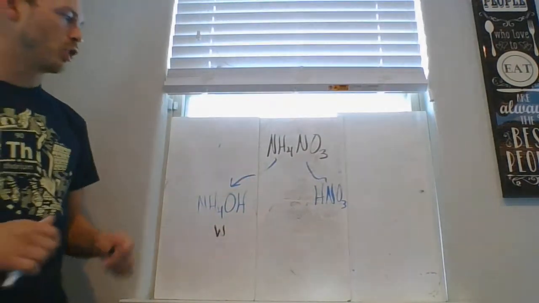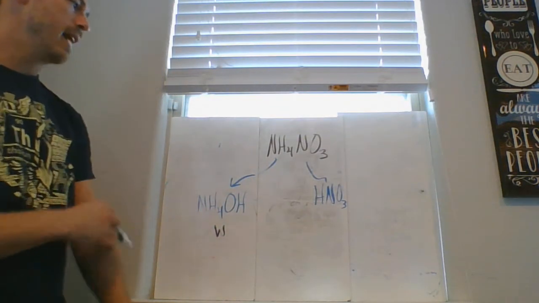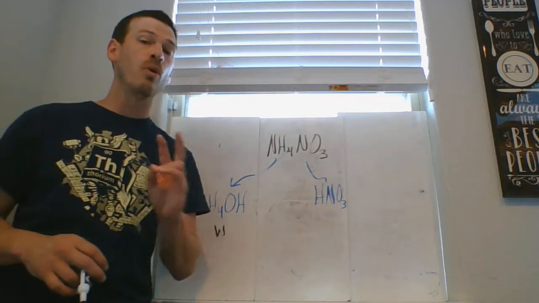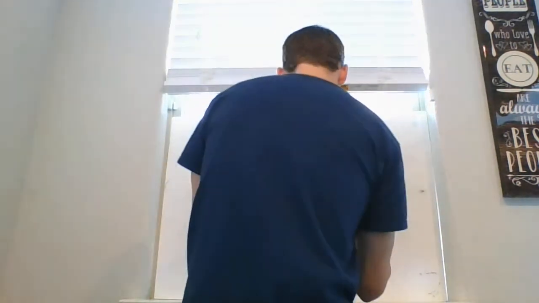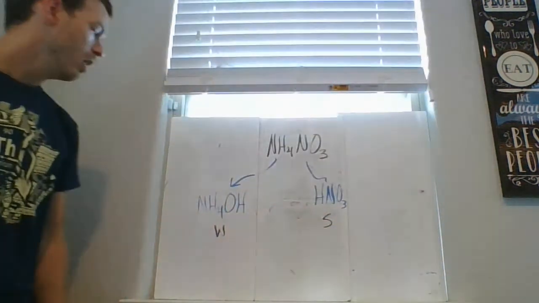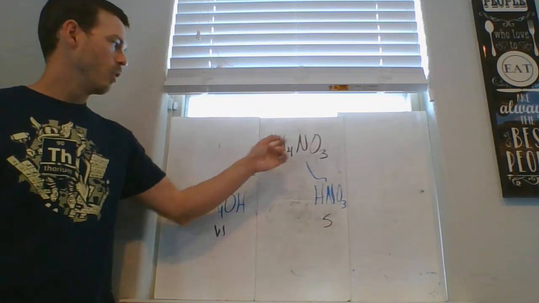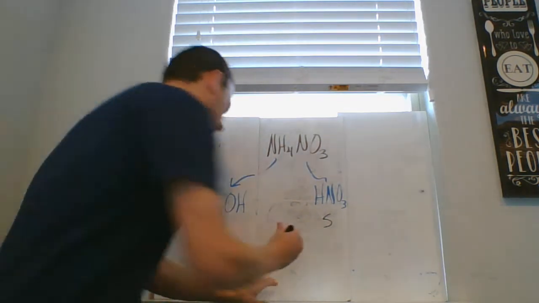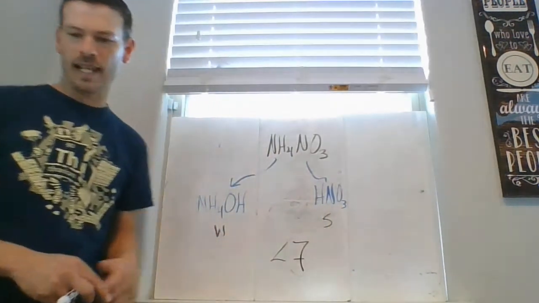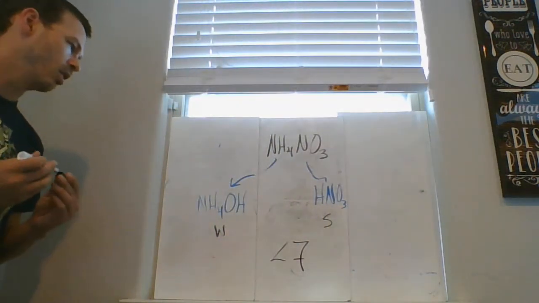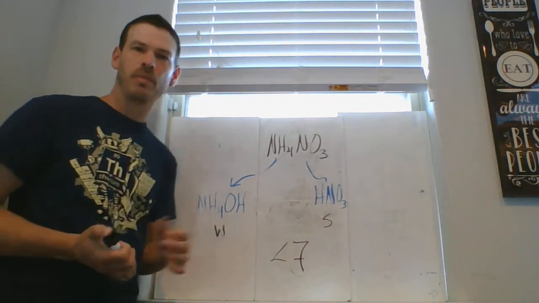I know that acids are strong if it's HCl, HBr, HI, or if there are at least 2 more oxygens than hydrogens. Look, there are 2 more oxygens than hydrogens, because nitric acid is strong. So the strong wins. What would you guess the resulting pH of this salt is? I would guess that it's less than 7, because the stronger parent is the acid, and acids have a pH less than 7.